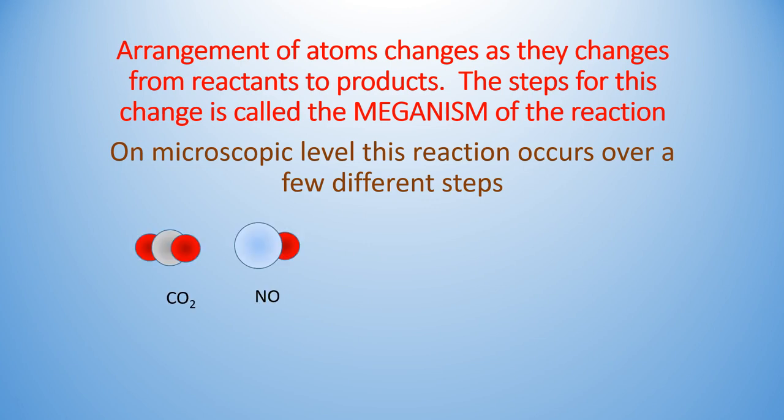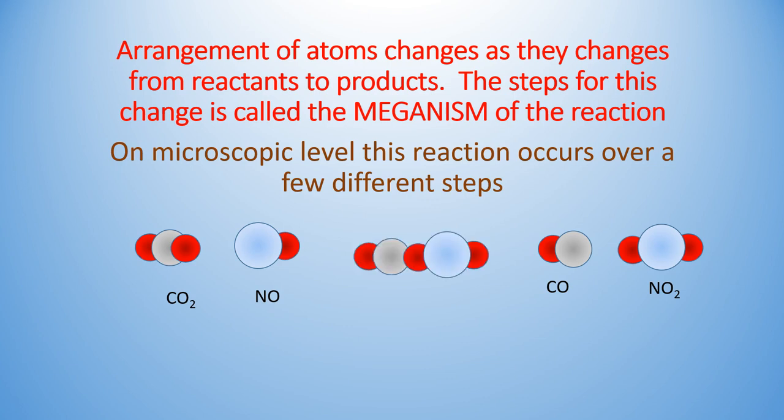If we have carbon dioxide that reacts with nitrogen monoxide, those two are finally going to give me carbon monoxide and nitrogen dioxide. But this reaction does not go immediately from the reactants to the products.